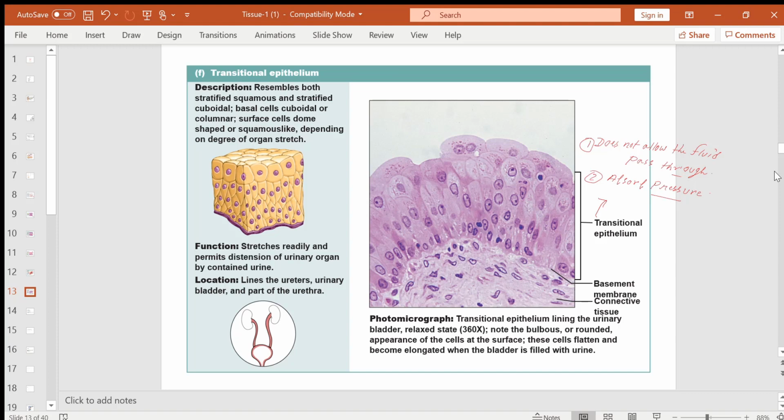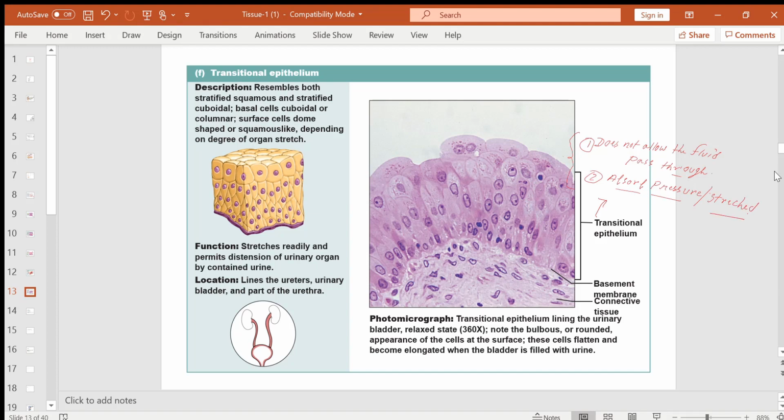When more pressure is given on the transitional epithelium, the cells get flat, and by changing the shape of the cells, it can absorb that pressure. It's like an elastic property, elasticity, and these two are very important properties: absorb pressure and get stretched.